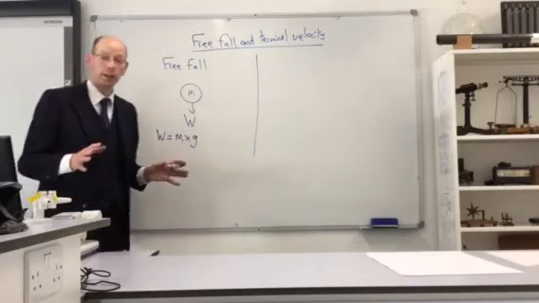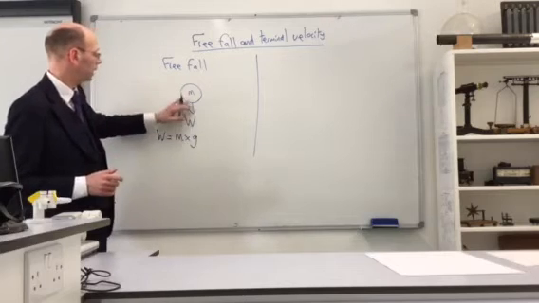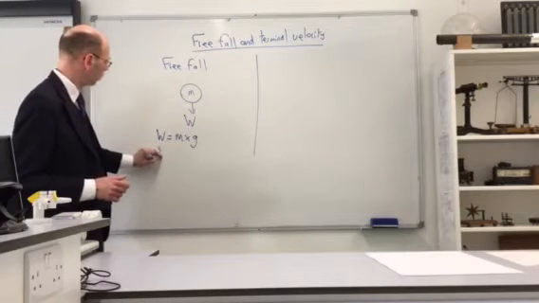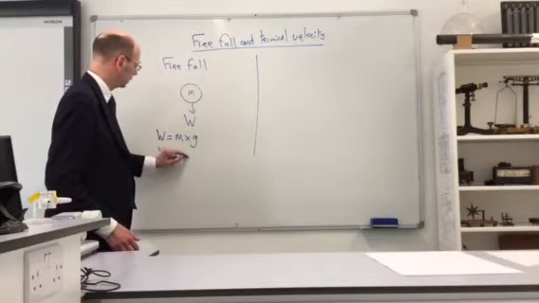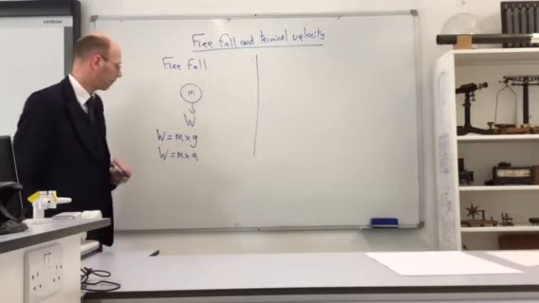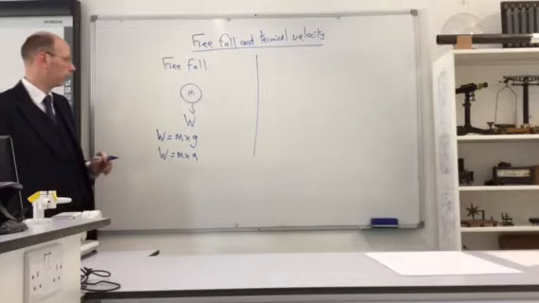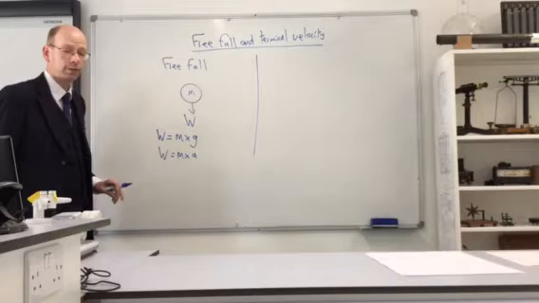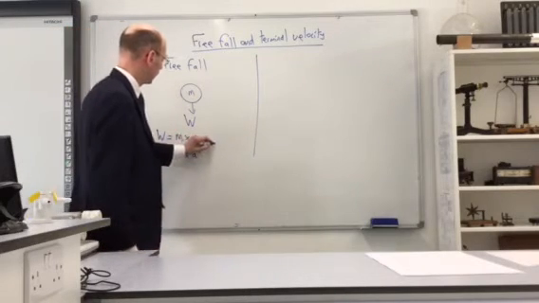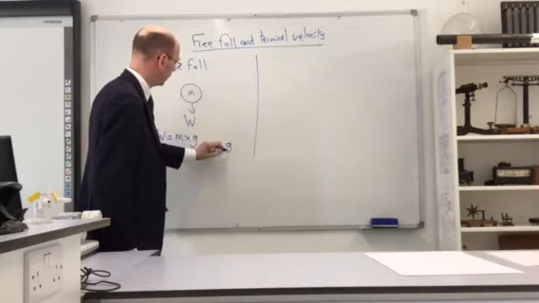Well, in this situation, the only force is the weight. So the weight is going to be equal to mass times acceleration. Now you look at those two equations and it's staring you in the face, isn't it? That g and a have to be the same thing. a equals g.